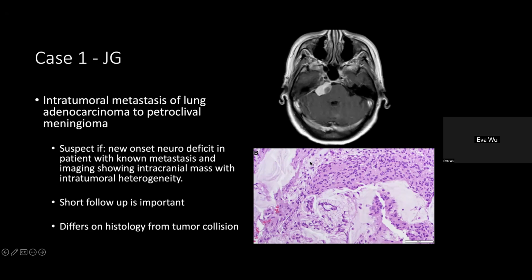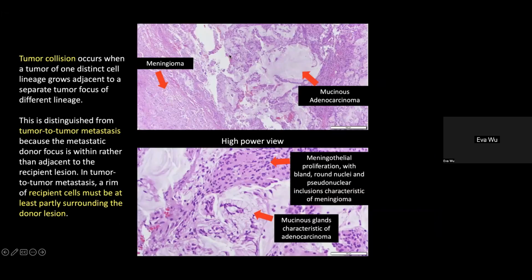And so I just wanted to point out this differs from tumor collision. Tumor collision is when you have just two tumors that happen to grow side by side. And so you see here the meningioma on the left side, and then just the mucinous adenocarcinoma on the right. But this is different from tumor to tumor met, which is basically when you have a tumor that's metastasized inside the recipient lesion.